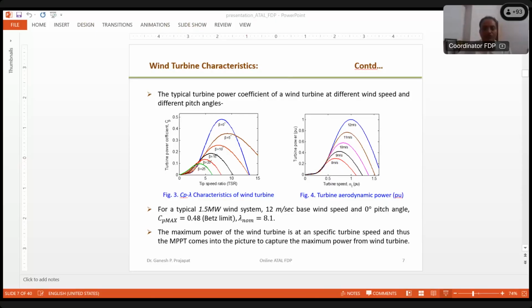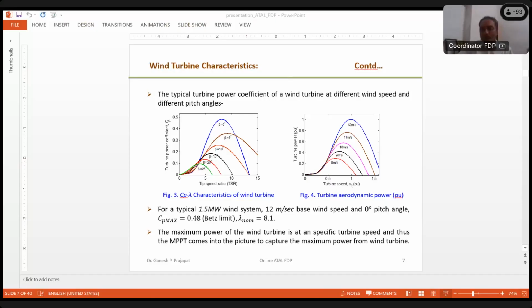So the maximum power control is nothing but tracking the turbine speed in such a way that it always keeps the turbine power coefficient at its highest value. So every time, if the beta is 0 degree, then the turbine speed must be this one on the x-axis. Similarly, if the beta is 5 degree, then this one, then 10 degree and 15 degree. You can think of it as changing every time with the pitch angle.